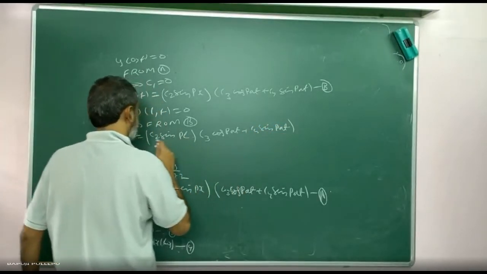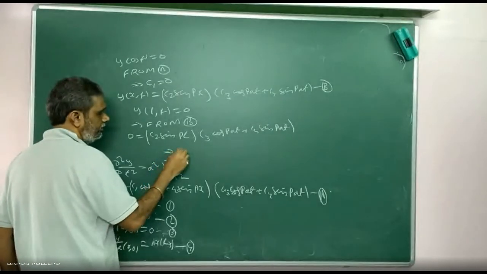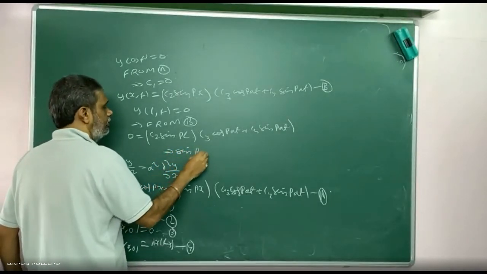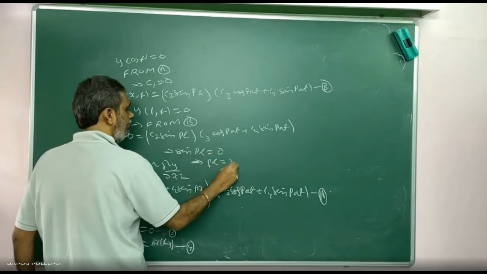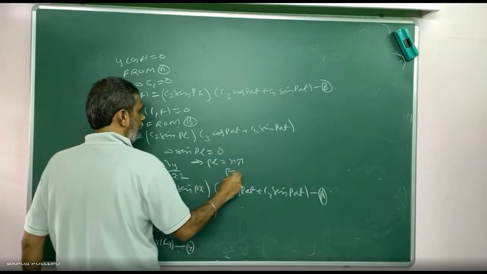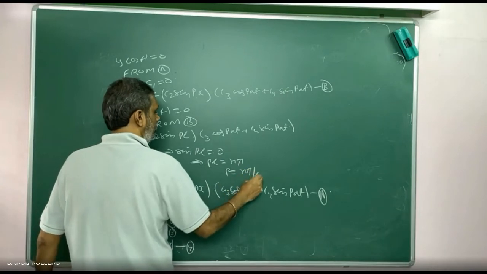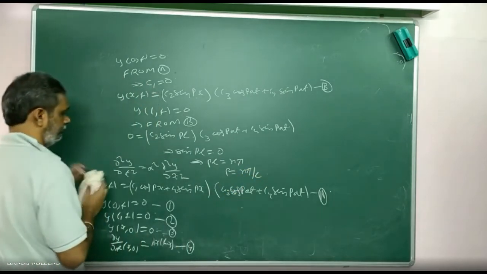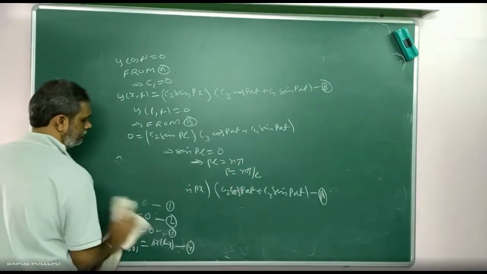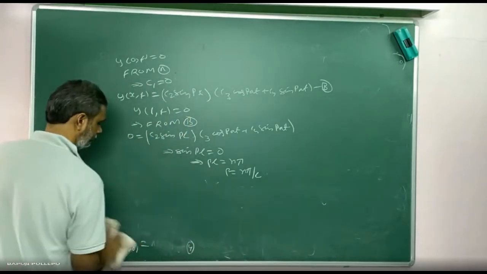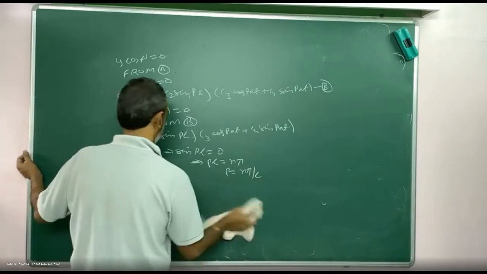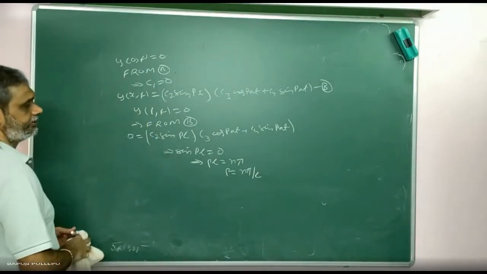This cannot be 0, C2 cannot be 0, so sin PL is equal to 0, which implies PL is equal to n pi. So P is equal to n pi by L.